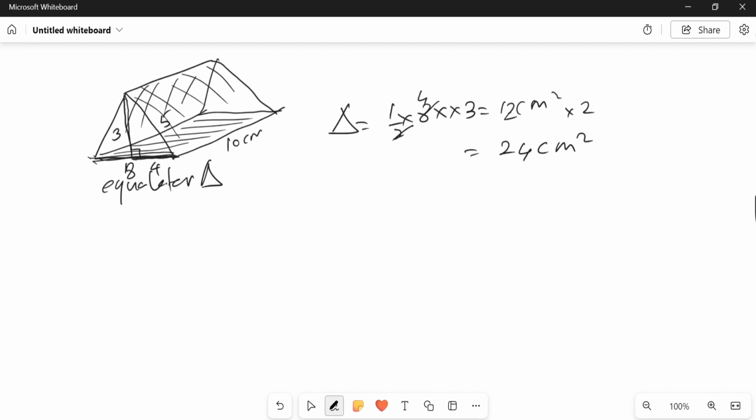Now look at the rectangles. 3 rectangles are there. Let it be an isosceles triangle, not equilateral, I am sorry. It is going to be an isosceles triangle. If it is an isosceles triangle, this side and this side will be 5, 5, and here the base is 8.